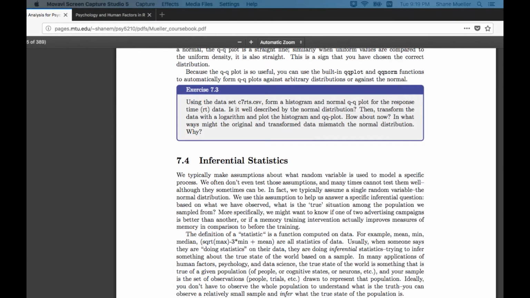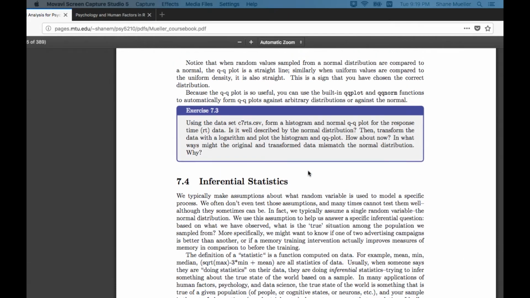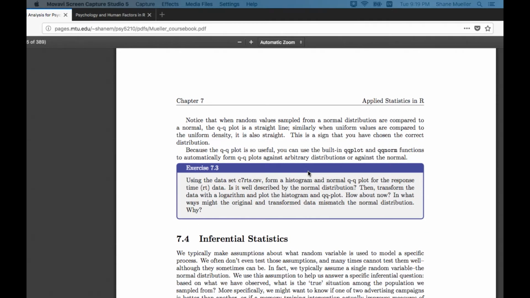All right, I have decided to cut this video into two pieces, and so this will be it for the first video, which focused on probability theory and random variables and distributions. Just to summarize, we got through section 7.3 of the chapter.